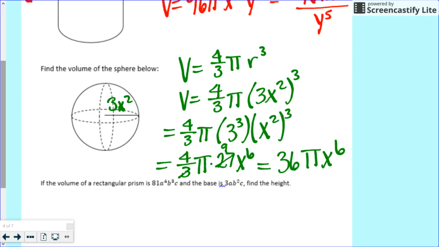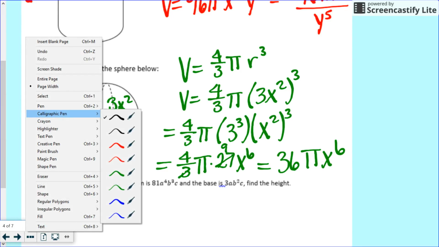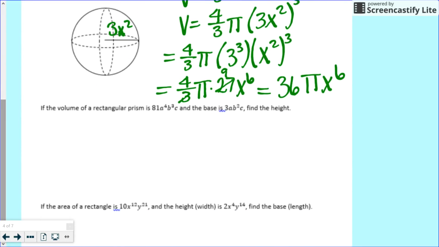All right, our next question is the volume of a rectangular prism is 81a to the 4th b cubed times c, and the base is 3ab squared c, find the height. So for a rectangular prism, our volume is the width times the length times the height.